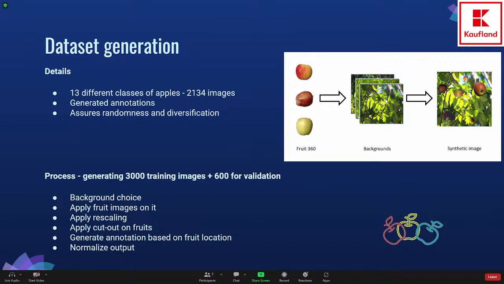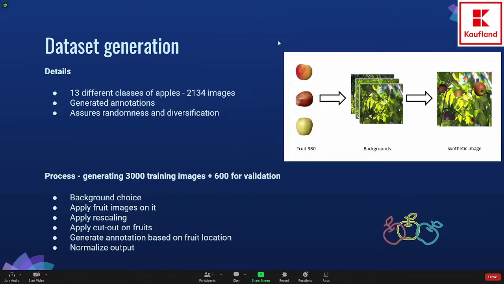As the result, the synthetic image is present there, but a few things are worth mentioning: we can apply rescaling and cut-out on fruits, and in our case, we had to modify this generator of synthetic images in order to normalize the output, since we are using the YOLO V5 model and the annotations are a bit different.